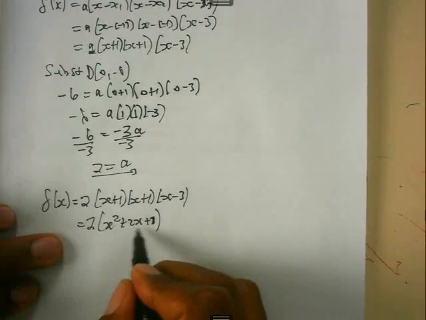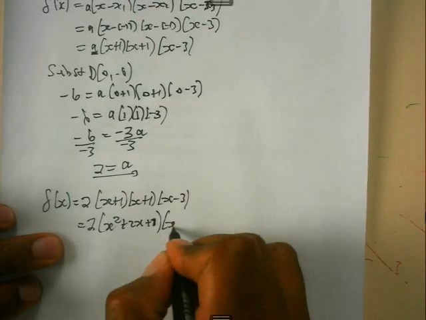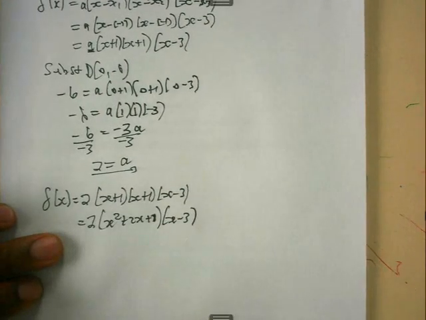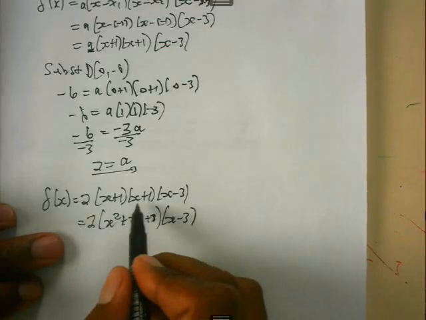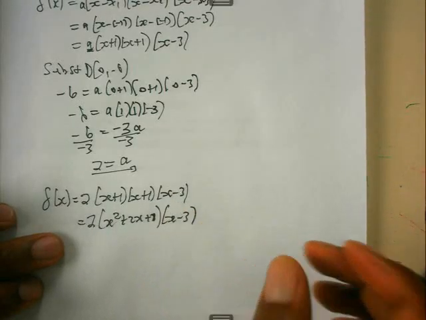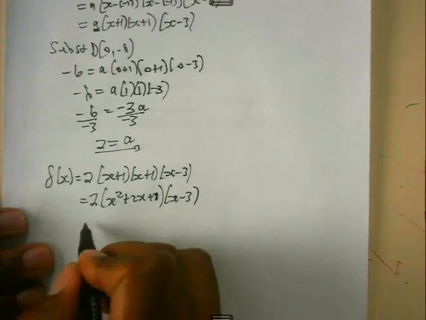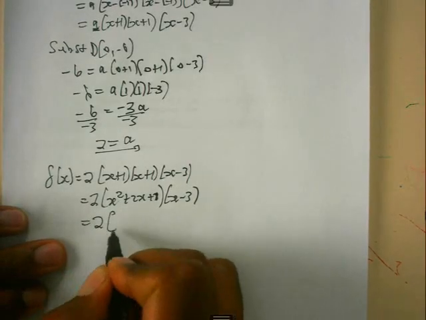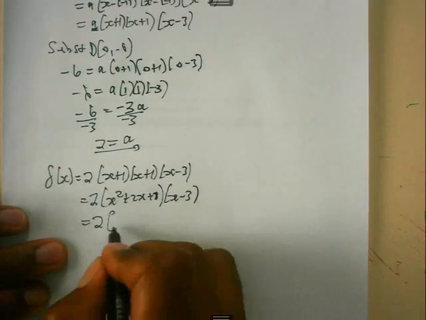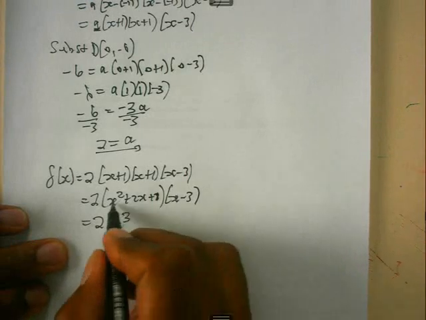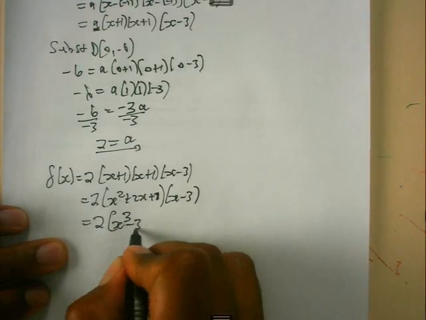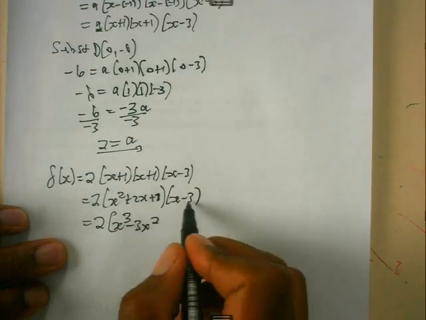That is x squared plus 2x plus 1. Then I still have to multiply it by x minus 3. Boys and girls, you can start with the first two or the last two. Just multiply, then you multiply with the other one later on. Then we say x squared times x is x to the power of 3. X squared times minus 3 is a minus 3x squared. And now we are done with this one.